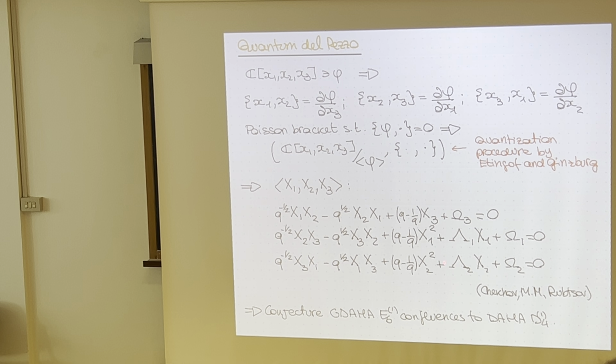And then when lambda 1 and lambda 2 are 0, essentially this gives you the spherical subalgebra of the double affine algebra of type D4. So the conjecture is that this, for lambda 1 and lambda 2 different from 0, is the spherical subalgebra in the generalized double affine algebra.